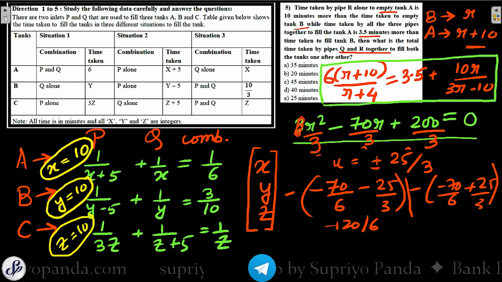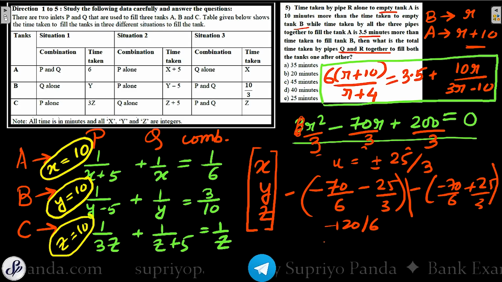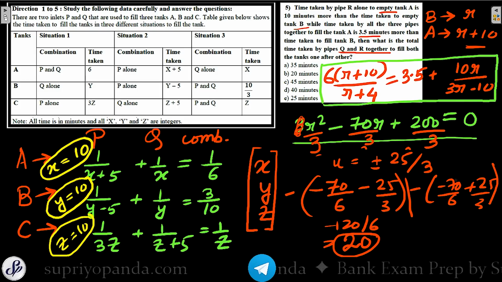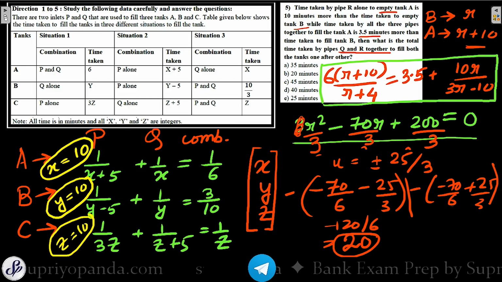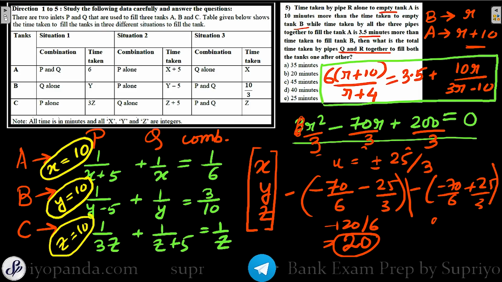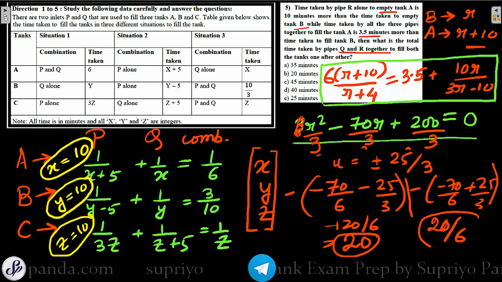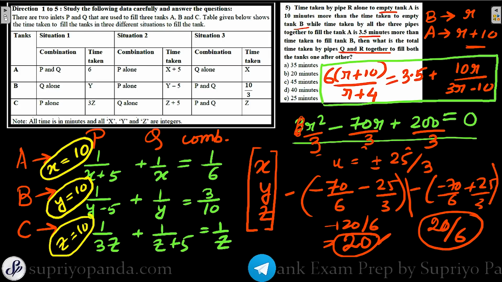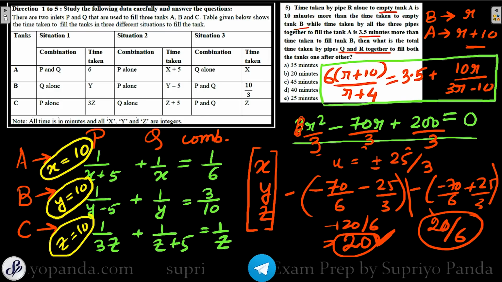So that is actually minus 20, but another minus sign. So we have one root as 20, and the second root, what we have is minus 70 plus 50, so minus 20 divided by 6. So that is actually 20 by 6. So that is our second root. But remember, we are actually working only with whole numbers, so we have to take this root. We are going to neglect this root.